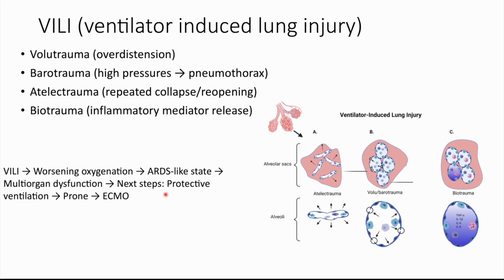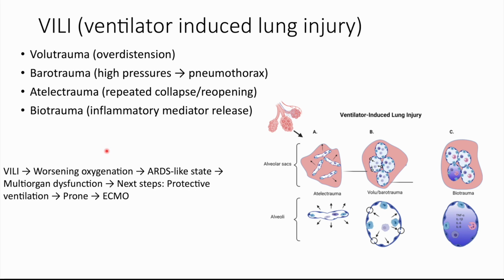There are four major mechanisms in VILI: volutrauma, meaning over-distension; then barotrauma, which is high pressure causing pneumothorax; then atelectrauma, repeated collapse and reopening of alveoli; then biotrauma, which is inflammatory mediators released due to mechanical stress, which can spread systemically and trigger multi-organ dysfunction.